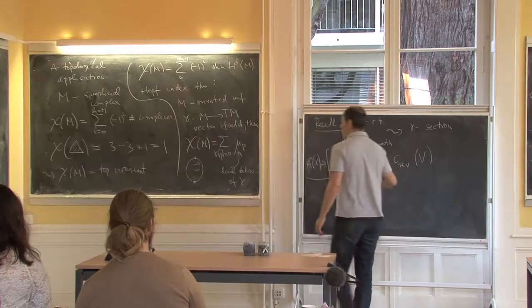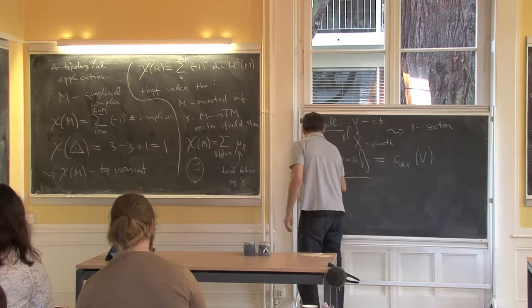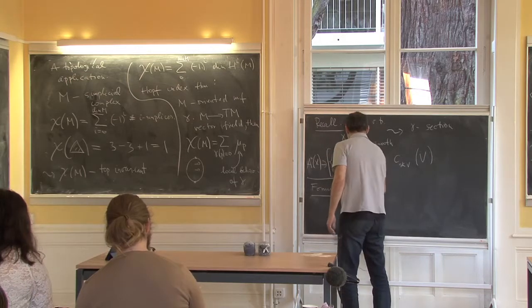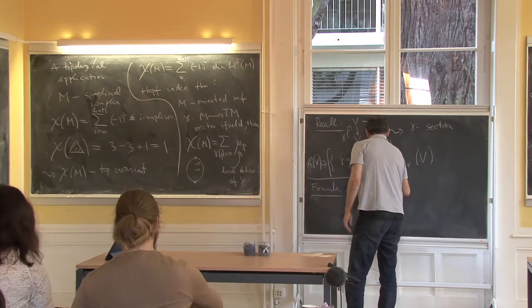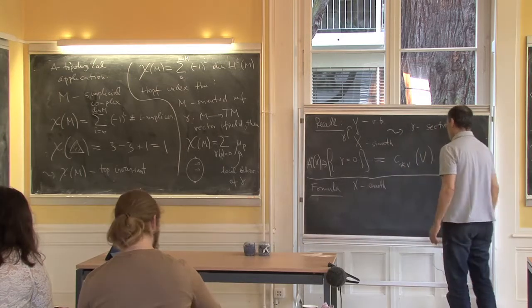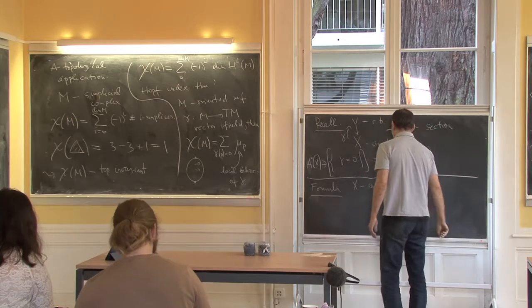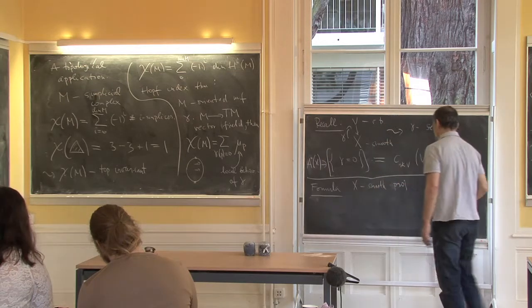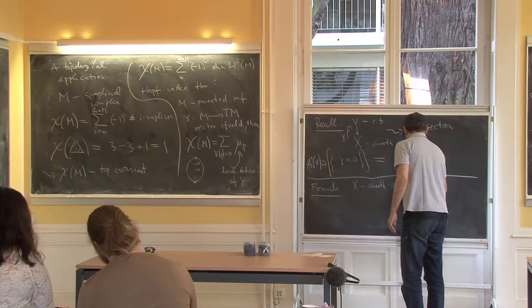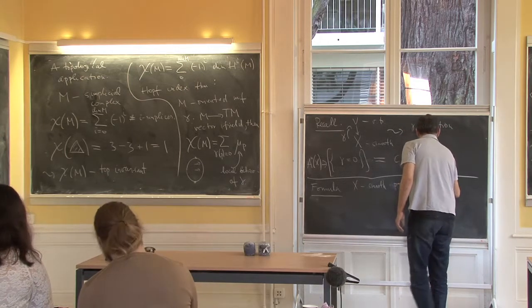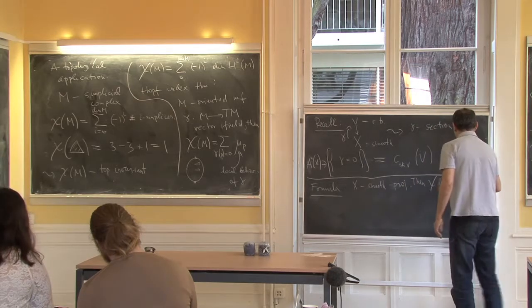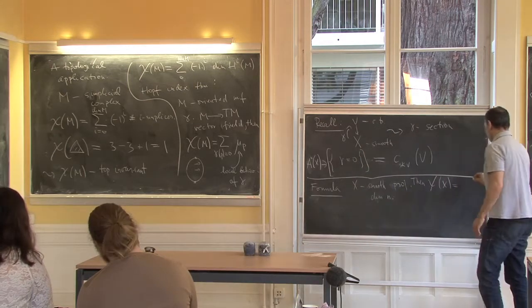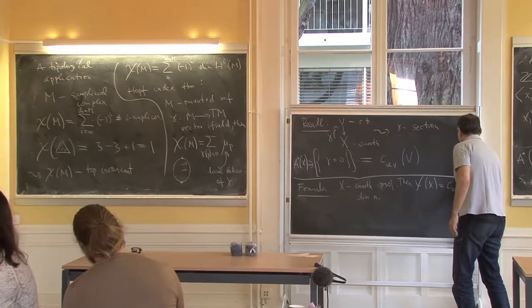So the formula, which is true and which I'm not proving, is that for X smooth, and let's assume it's projective, I don't think it's necessary, but just to be sure, with dimension n, the Euler characteristic of X is equal to c_n of the tangent bundle of X.